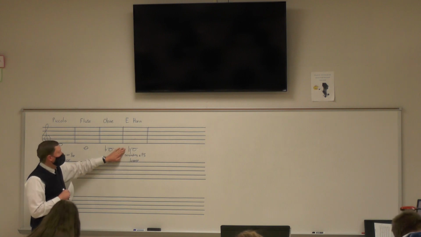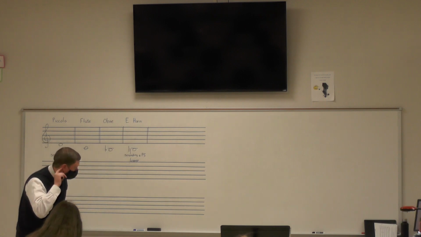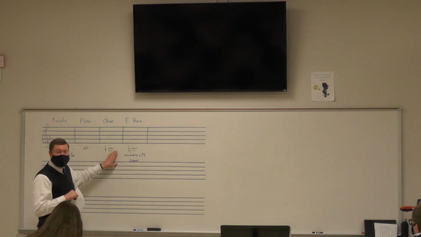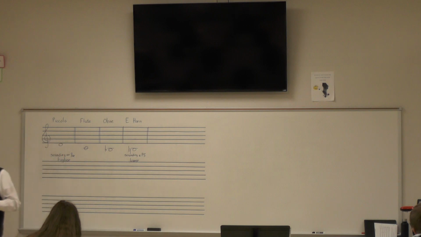So if the lowest written note for the English horn is a B, what's the actual lowest note that an English horn can produce? Not a G, an E, a perfect fifth lower than a B, right? So the lowest note that an English horn should be able to produce, if this is its lowest written, means this is its lowest sounding note.